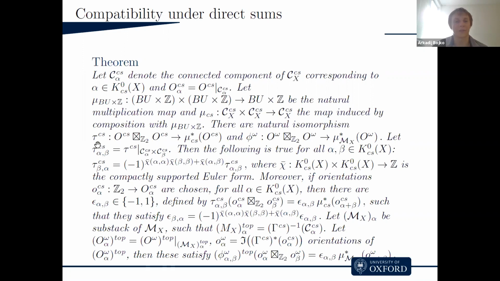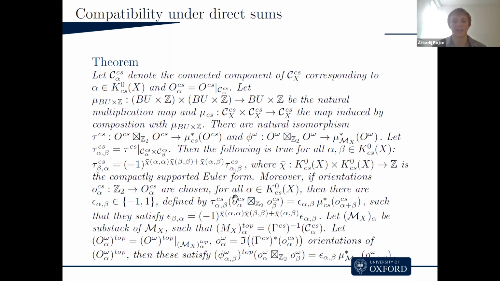And the point is that if I restrict to the product of these connected components, then one can compare two isomorphisms, this tau beta alpha and tau alpha beta, corresponding to interchanging. So this is a commutativity question. And I say that it isn't commutative, that I get this extra sign governed by the compactly supported Euler form on the K theory.